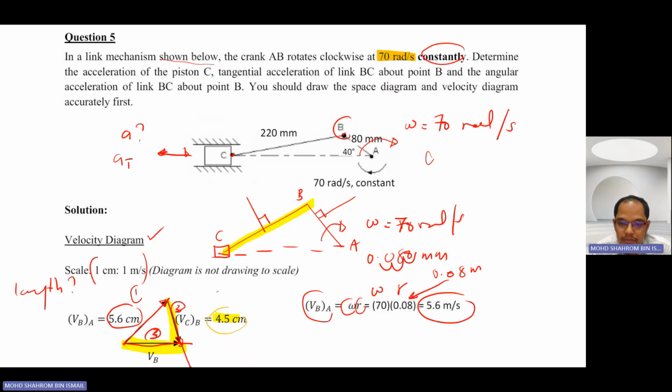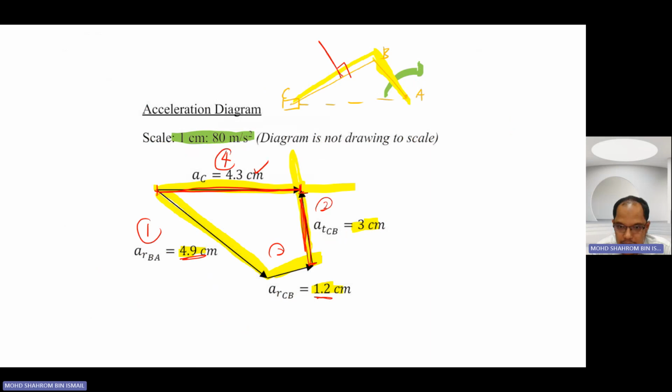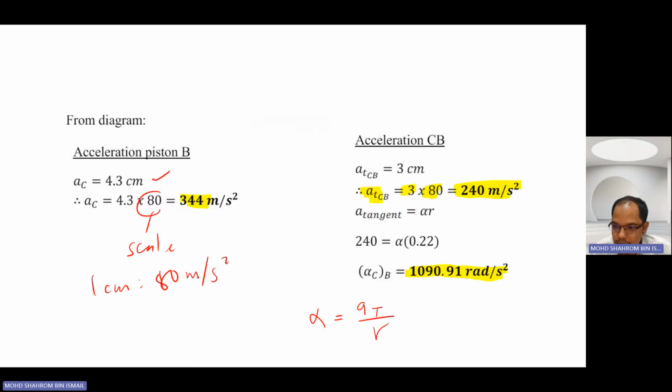Question 5, from the velocity diagram up to the acceleration diagram. So more or less, this is what is covered for chapter 2. Hopefully you can follow all my instructions to solve this kind of problem. Of course, you cannot do it on your own if you cannot catch up or it's a struggle to understand.